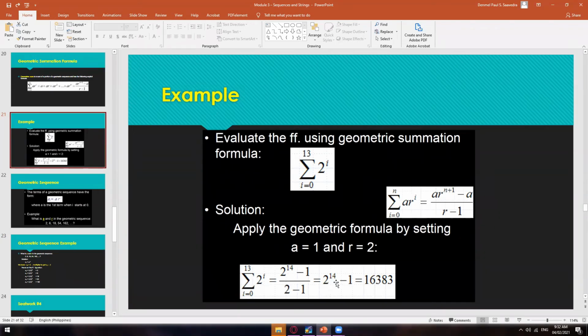So 2 raised to 14 minus 1. If your maximum limit is 17, just add 1, so 2 raised to 18 minus 1, and then you will get the geometric sum of this given equation.